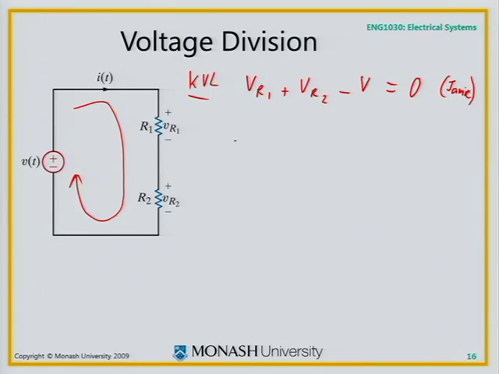What is VR1? How can you write VR1? I times R1, by Ohm's law. Call that equation pasta. And what is VR2? I times R2. And remember, the signs are right for Ohm's law to apply directly.